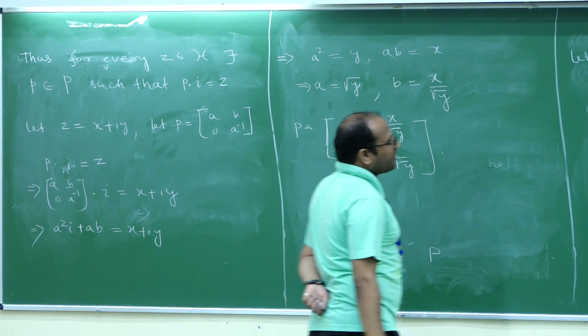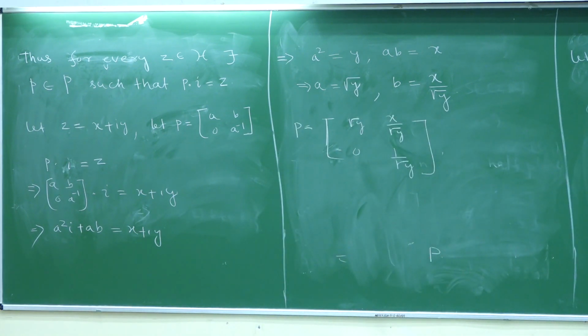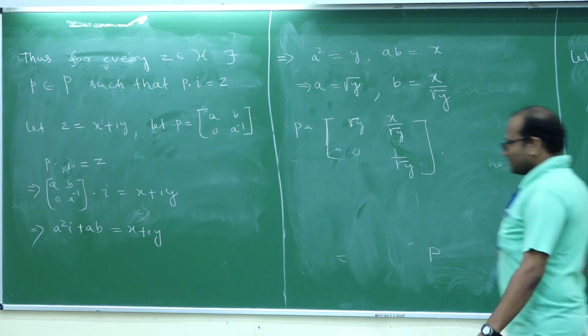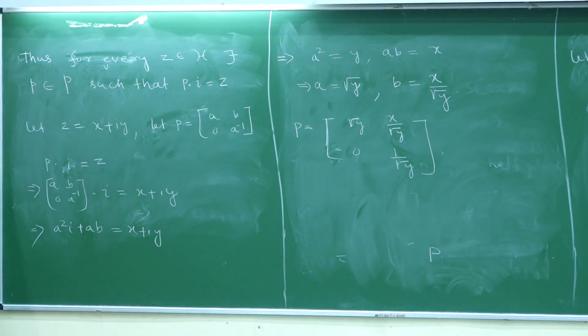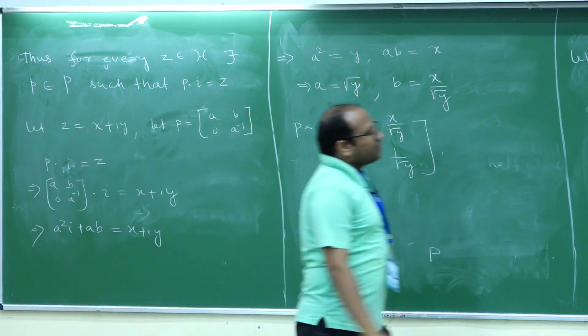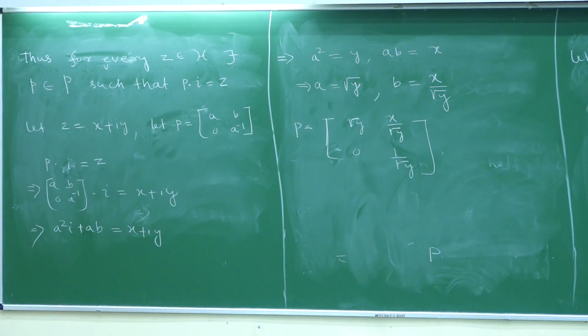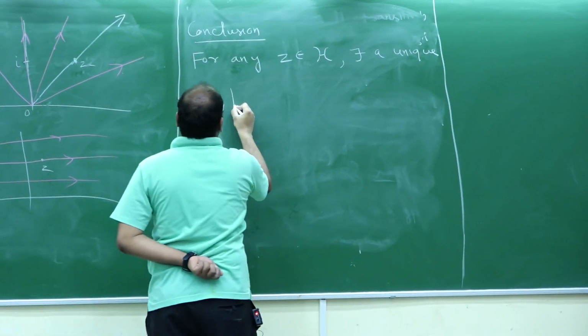So the conclusion is what? Conclusion: for any z belongs to H, there exists a unique p, and that p depends upon z.